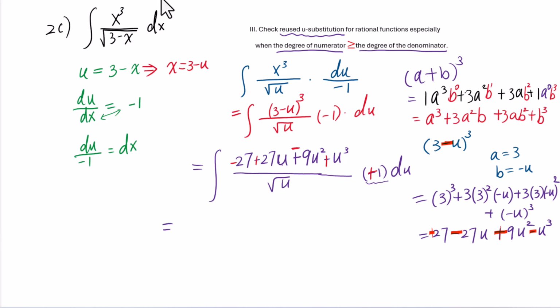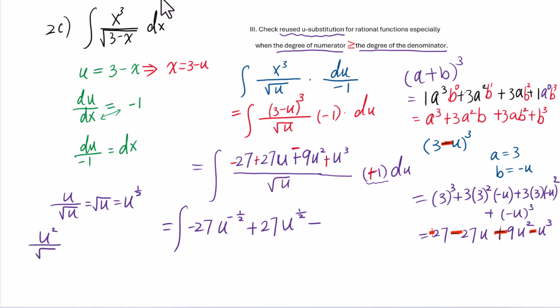Also change square root of u into exponential form: integral of -27 u to the -1/2 power plus 27 u over square root of u, which means u to the 1/2 power, minus u squared over square root of u equals u to the power of 2 minus 1/2, which is u to the power of 3 over 2. Then plus u to the 5 over 2 power du.